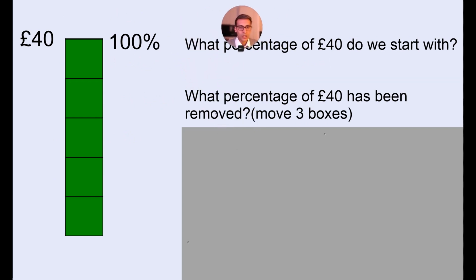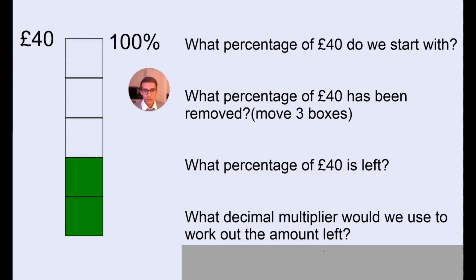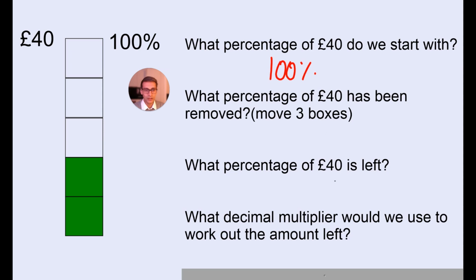Think about what's happening here. What has disappeared? What's the answer to these questions on the right? Hopefully you figured this out now. So 100% is what you start with. We're taking 3 boxes away.